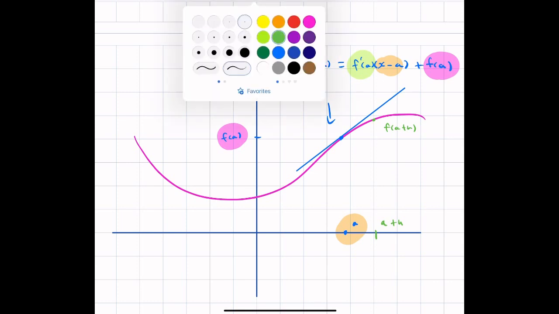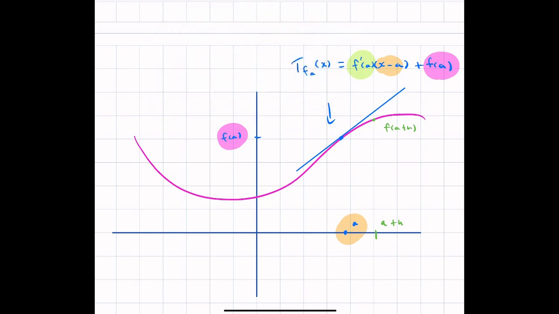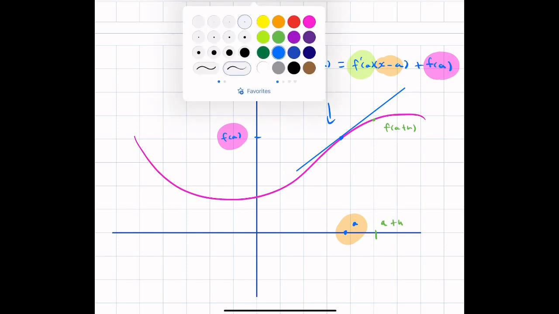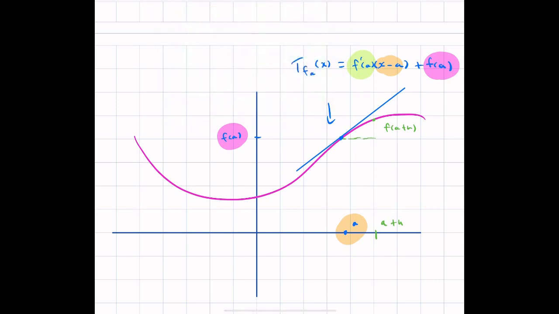Well, what's called the increment, the change in the function, is f of A plus h minus f of A. That's f of A. This is approximately equal.